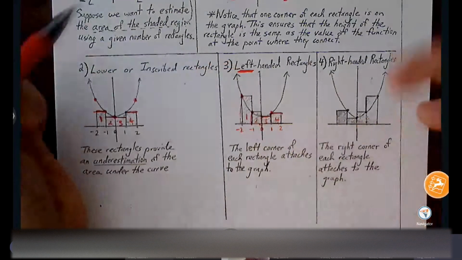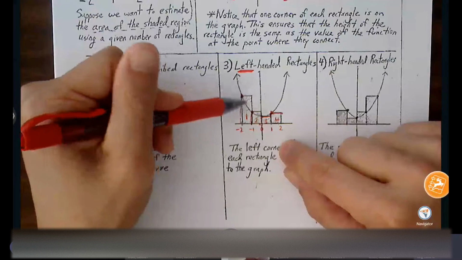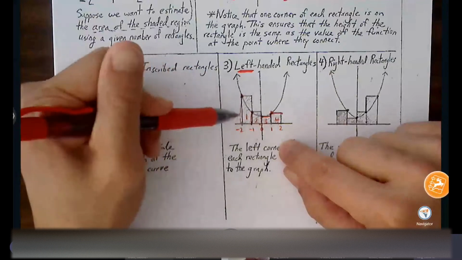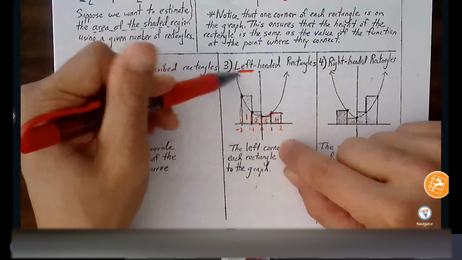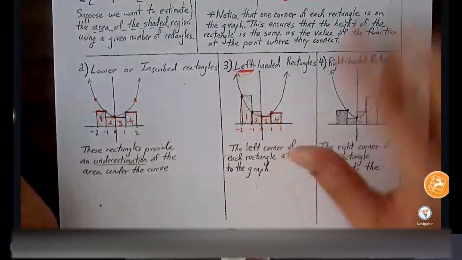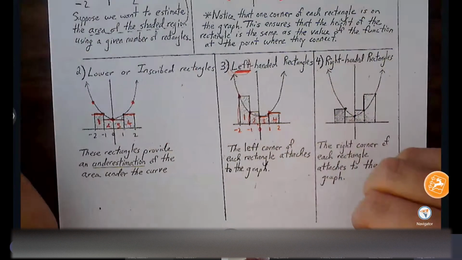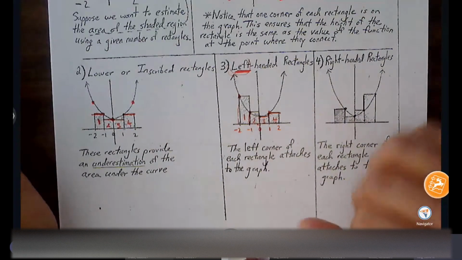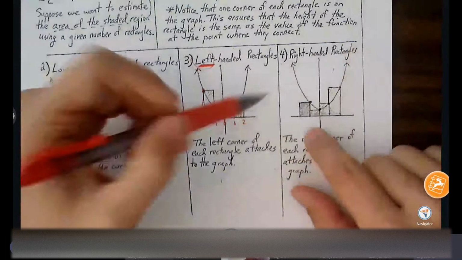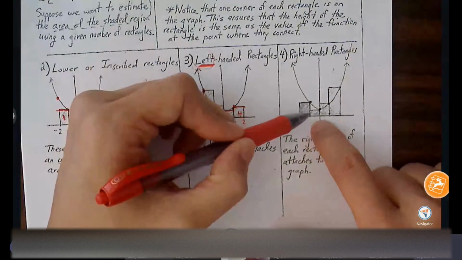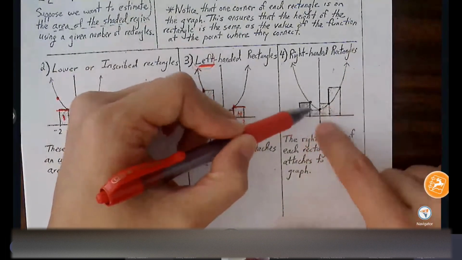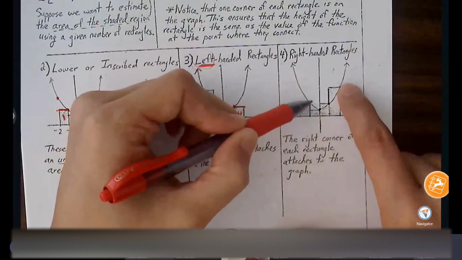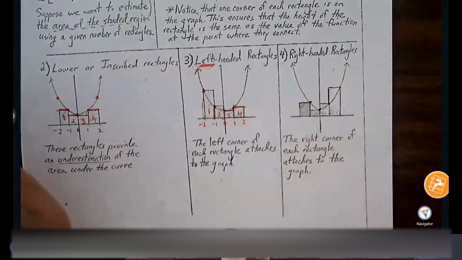Okay, so what you end up with is portions that are above and maybe portions that are below, but we've achieved consistency of left-handed rectangles. And then right-handed rectangles means we're now choosing the right endpoint of each subinterval to attach to the curve and letting that be the height of each respective rectangle.